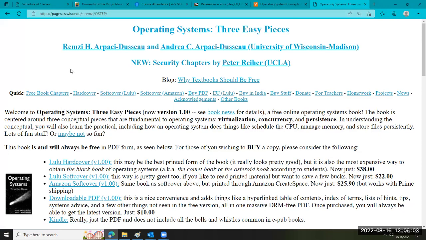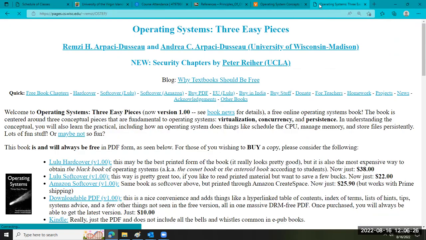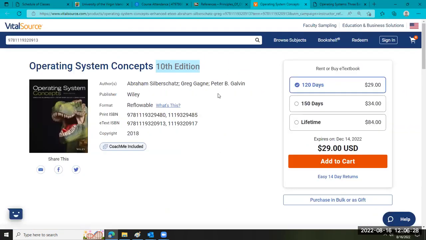When you get online and you search for OS concepts, you have to beware. There's a lot of armchair experts that throw a lot of incorrect concepts around, but this is a gem. This is a hidden gem. I do want you to purchase the dinosaur book just the same, or rent the dinosaur book. You can rent it for $29, right?